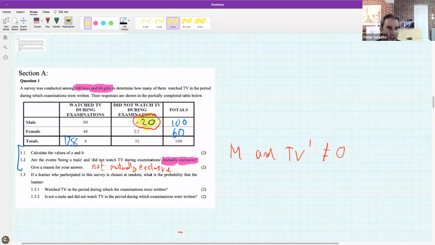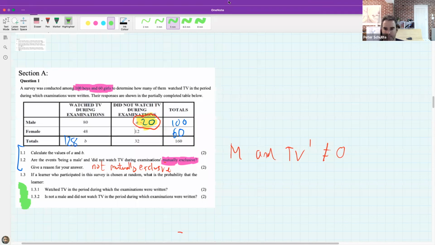All right, so then last two questions of the day. Last two questions. What about these two? 1.3.1, 1.3.2. So what's the probability that a randomly chosen person watched TV?